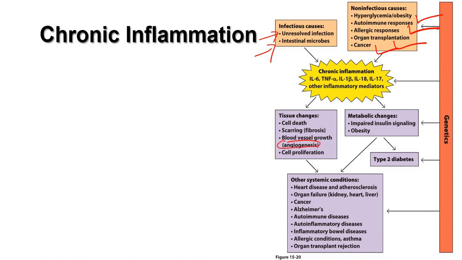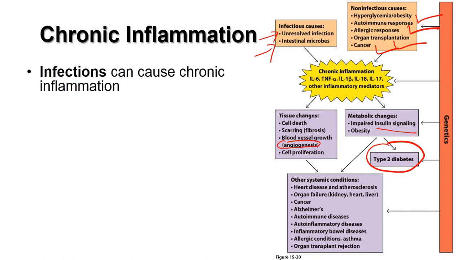It can also lead to metabolic changes such as the changes in insulin signaling, which can lead to type 2 diabetes, and some of the systemic conditions that we discussed: atherosclerosis, organ failure, cancer, Alzheimer's, autoimmune disease, anti-inflammatory disease, IBDs or inflammatory bowel disease, allergic condition, asthma, and organ transplant or rejection.